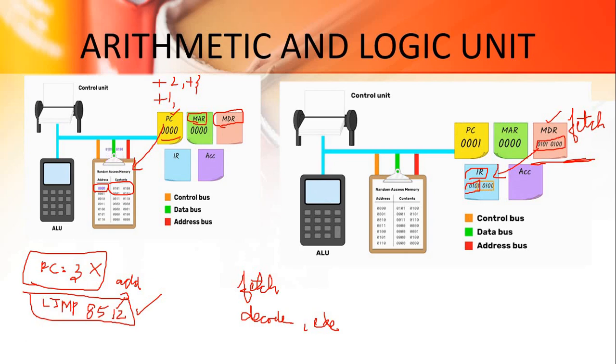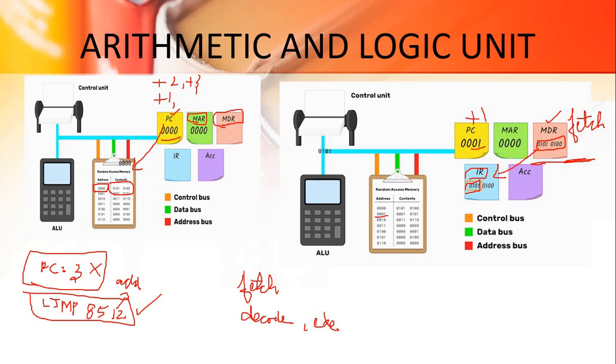once the instructions are fetched, this program counter will start to take the next instruction from the address. Till fetching is done, it will not take any instruction from the address. Once it is fetched by the instruction register, this program counter will get incremented by 1 and it will access the next instruction. That's why here it is 001.